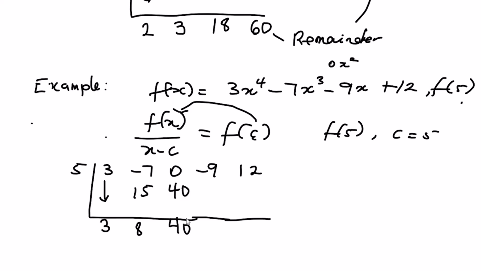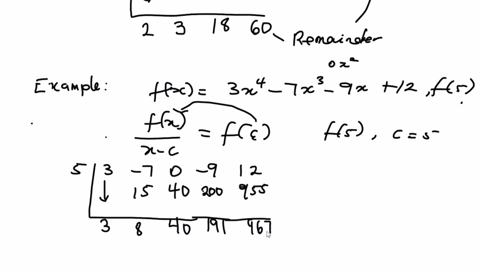Now 40 times 5 will give you what? 200. Then you add, you get 191. 191 times 5 will give you what? 955.